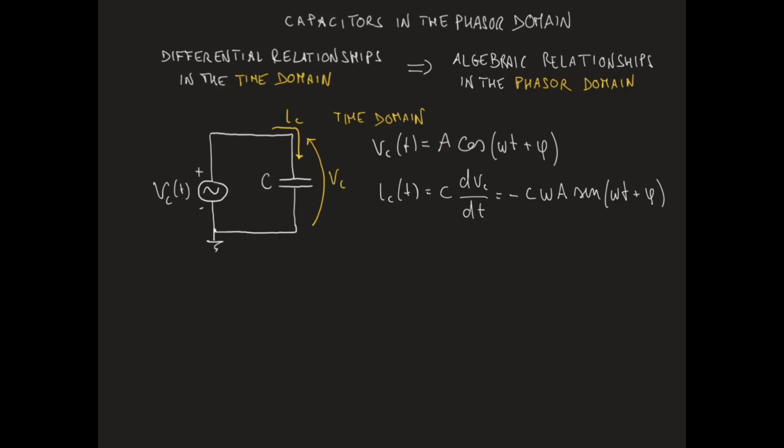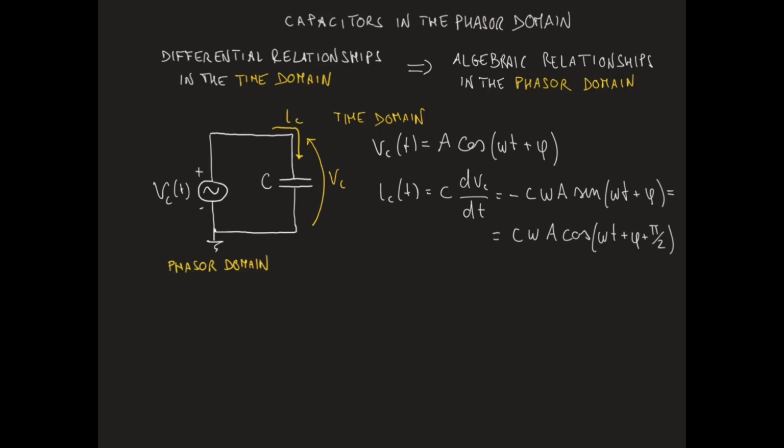According to well-known trigonometric identities, IC of t can be written as C omega A times the cosine of omega t plus phi plus pi by 2.